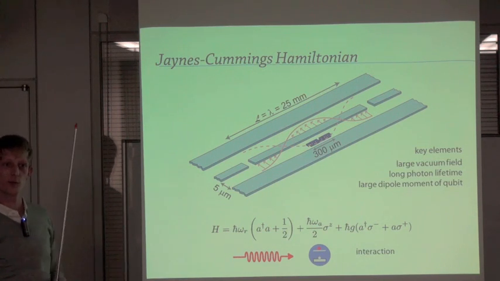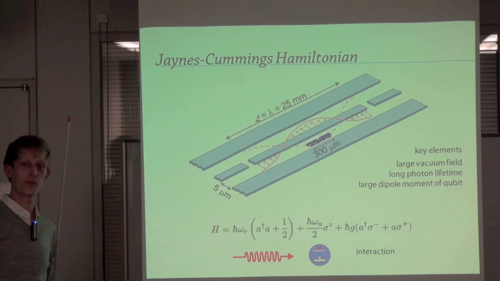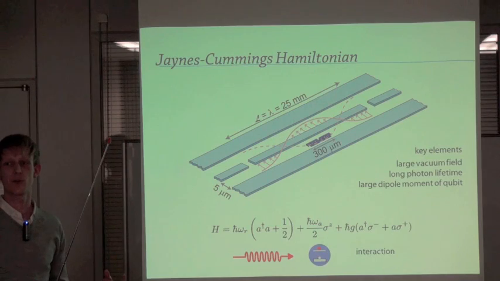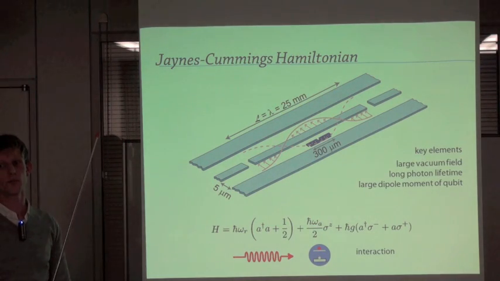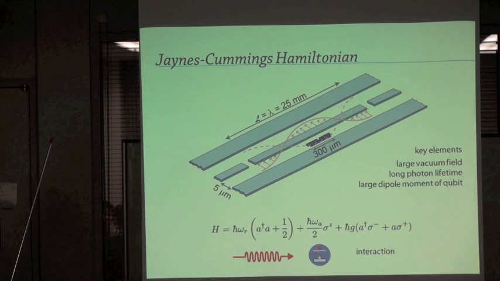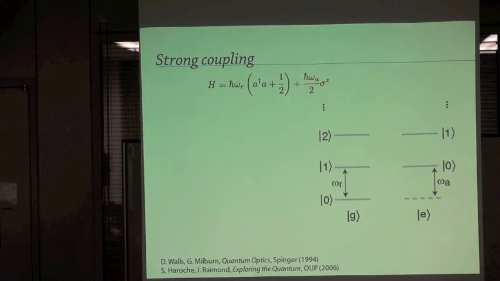You prepare your qubit state, couple it to the resonator so that the information flows from the qubit to the resonator, and then transfer the information from the resonator to the second qubit. To be able to do such information exchange, we need to have a strong coupling between the two systems. That's why we need to tune those parameters in the right way.